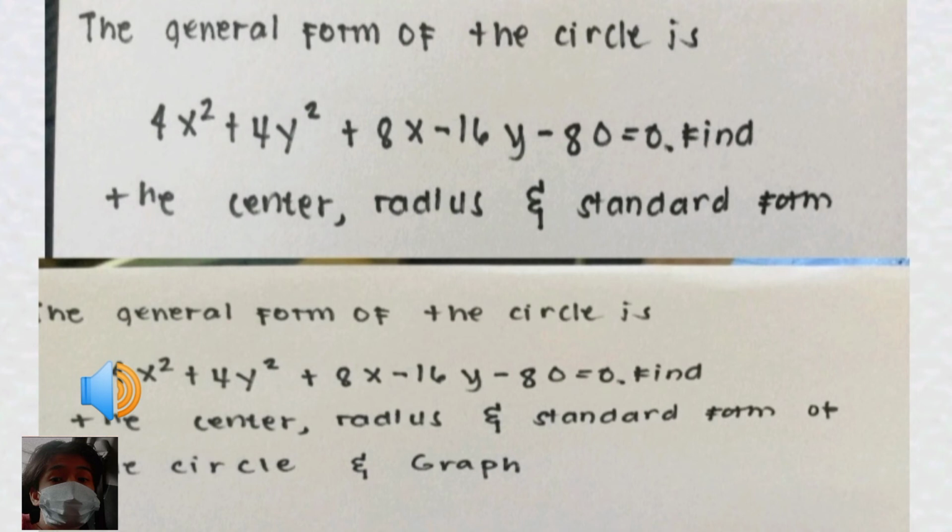Minus 80 divided by 4, 20, is equal to 0. This is now the reduced form of our general form. Now we arrange our general form. That will become x squared plus 2x plus y squared minus 4y is equal to positive 20.